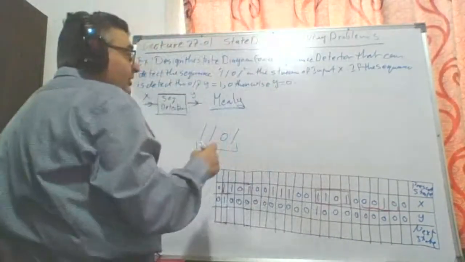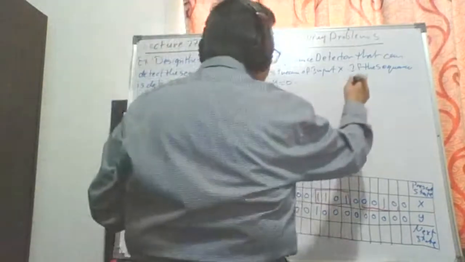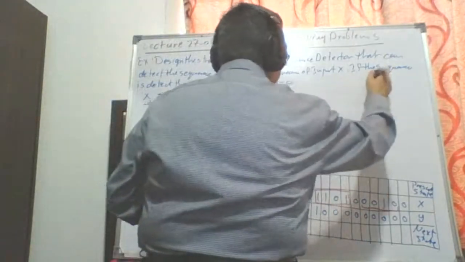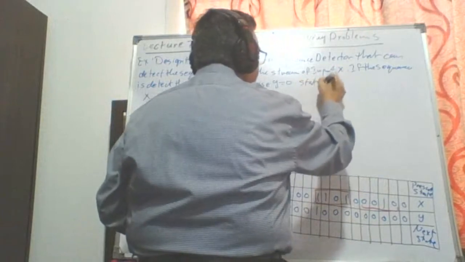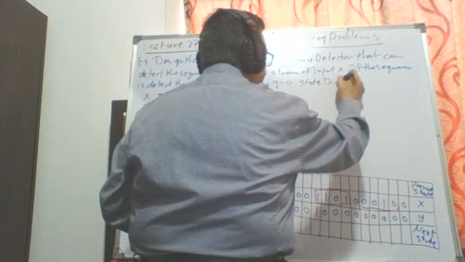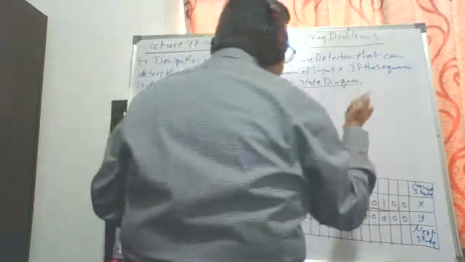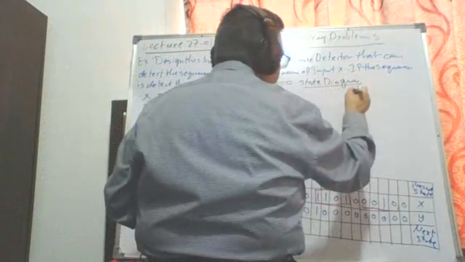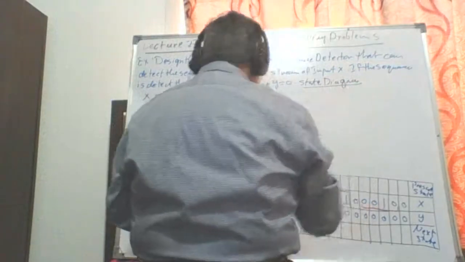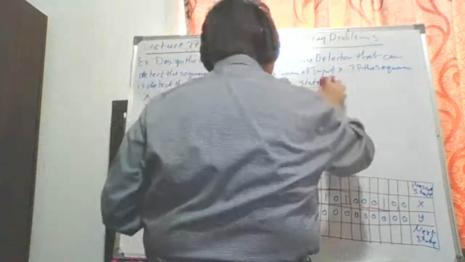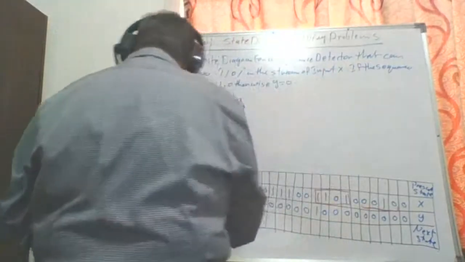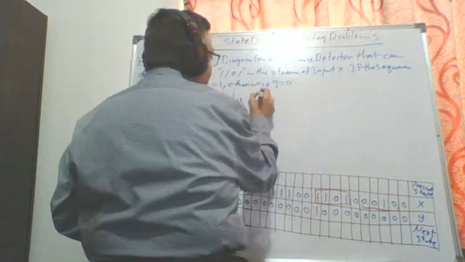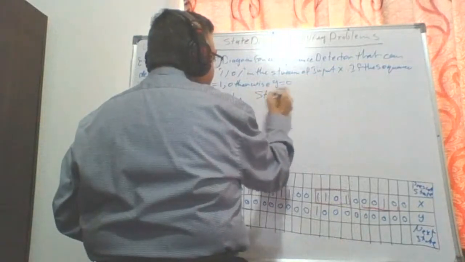The state diagram, as we indicated before, starts with what we call an initial state. Let me just give myself some area here. Here I want to build a state diagram.